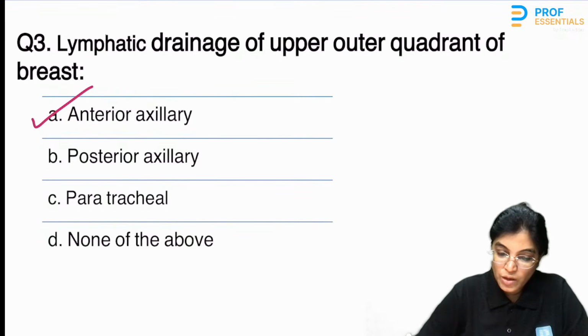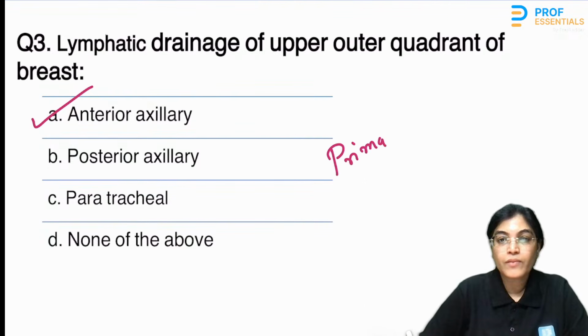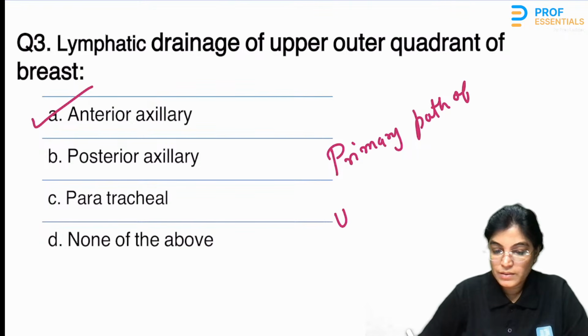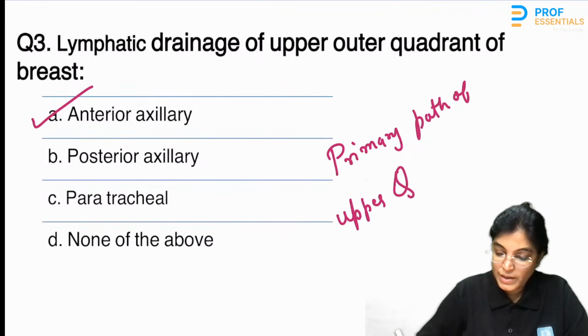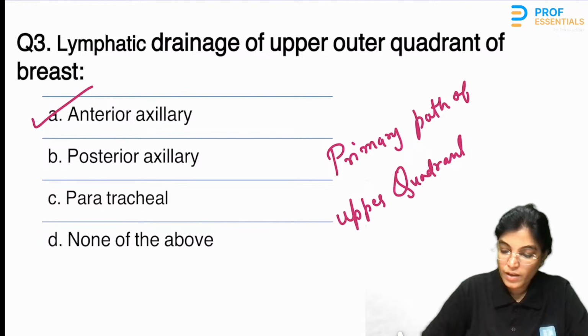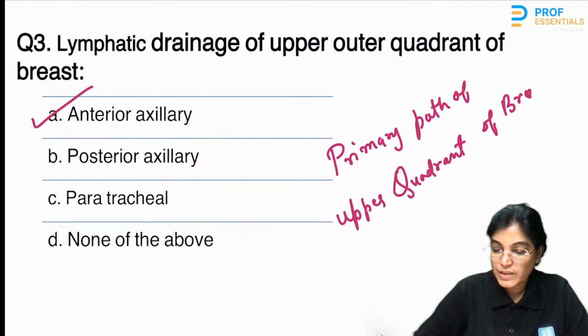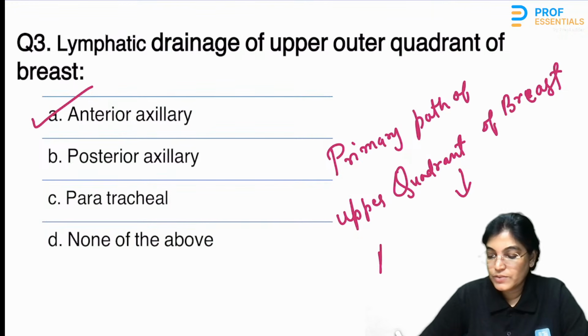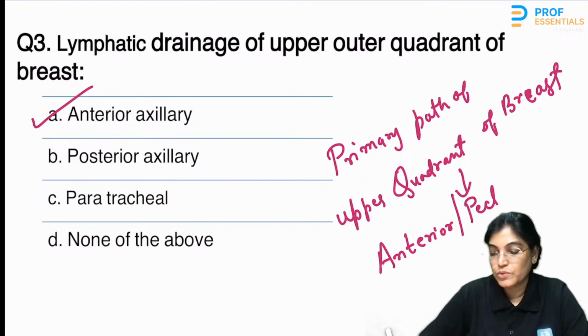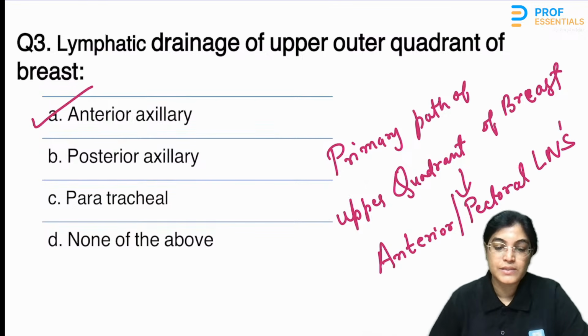The lymphatic drainage of the upper quadrant of the breast will go into the anterior group, which is also called the pectoral group of lymph nodes. This is the right answer.